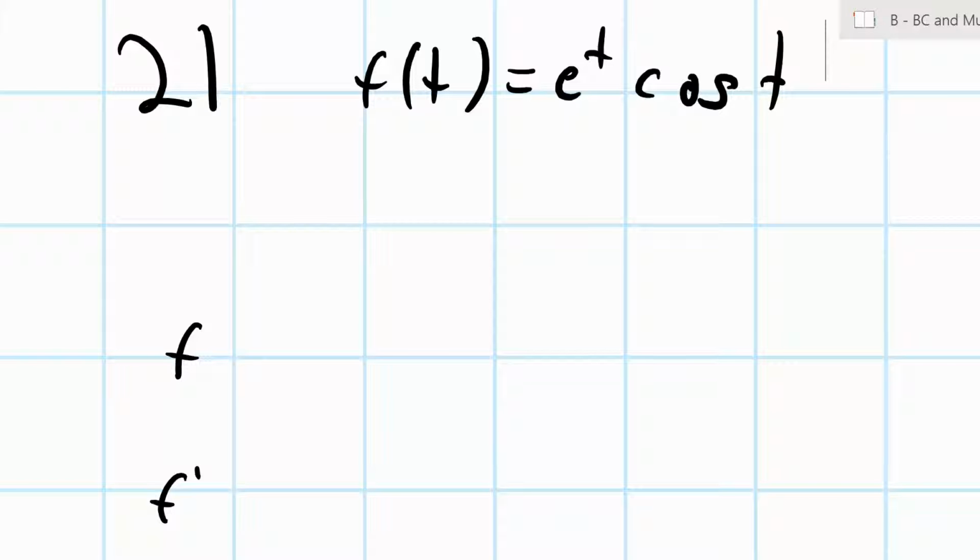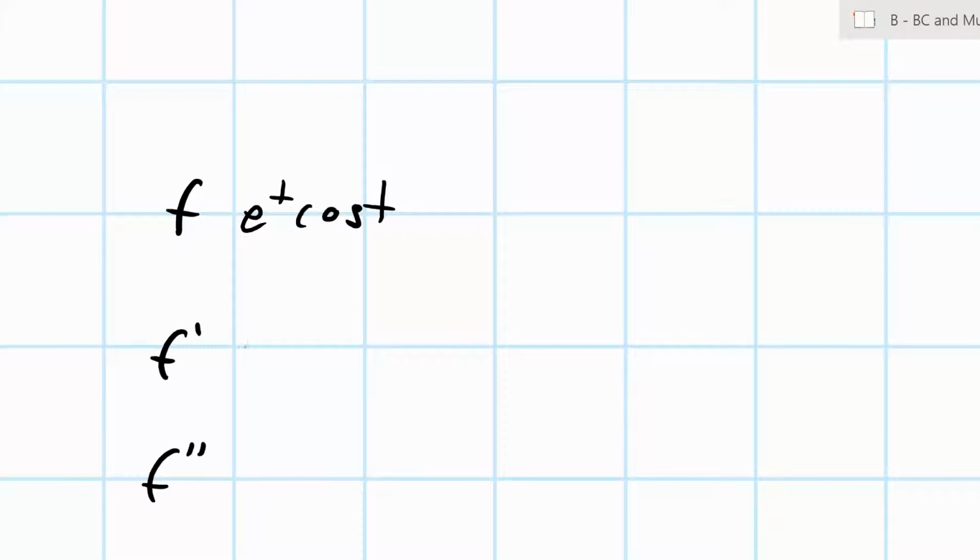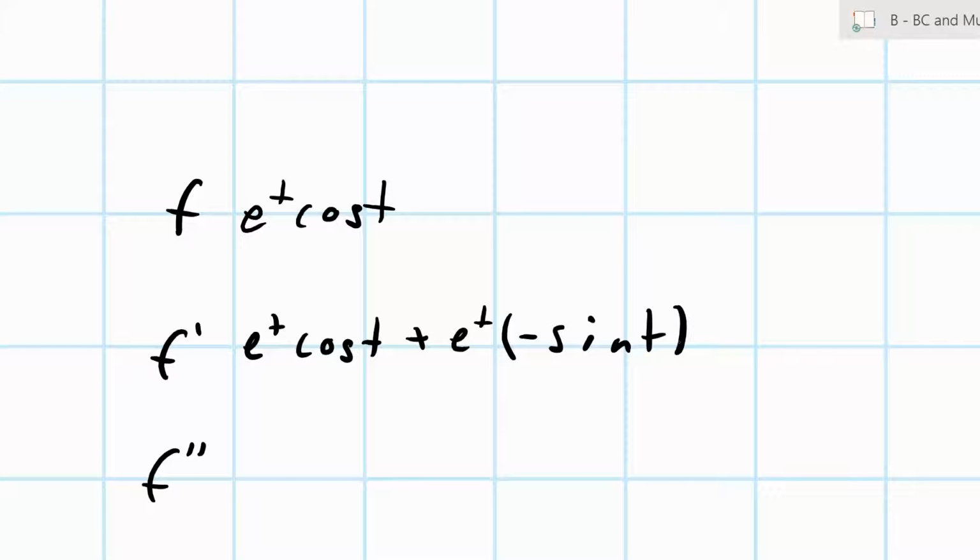The function e to the t cosine t is the zeroth derivative, I guess. And then using the product rule, you would get e to the t cosine of t plus e to the t negative sine of t.